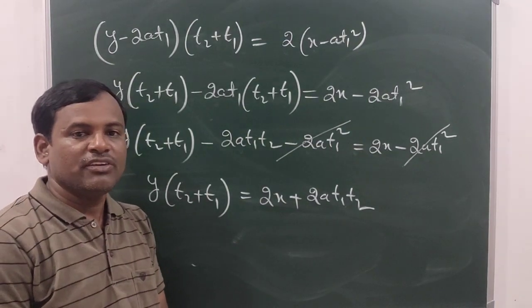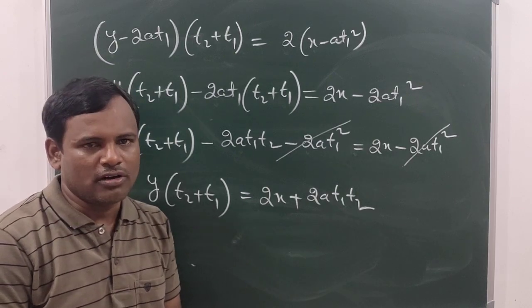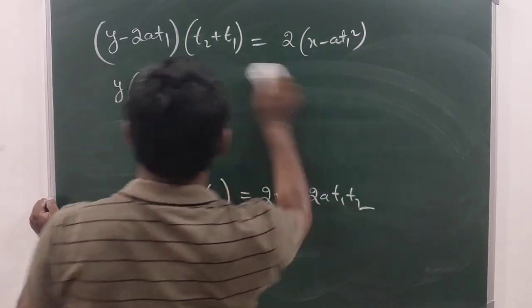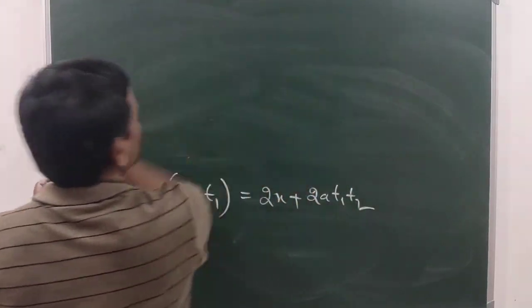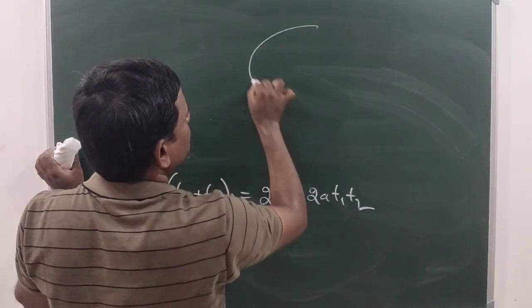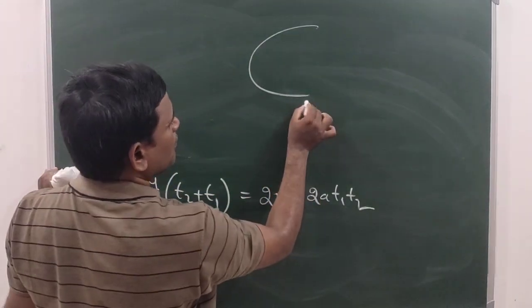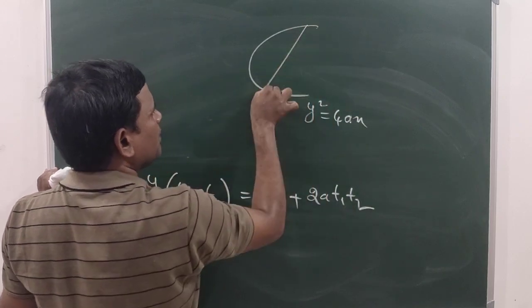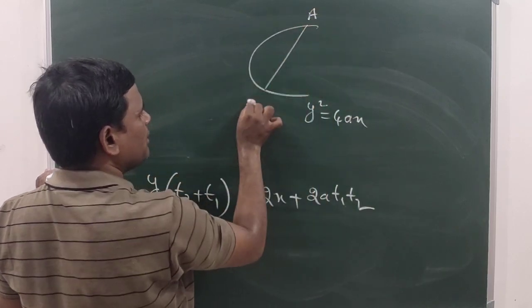So suppose this chord is a focal chord, what is the condition? Here this is the curve y square equal to 4ax, and we have taken A and B over here.